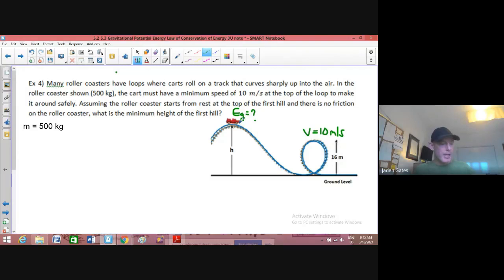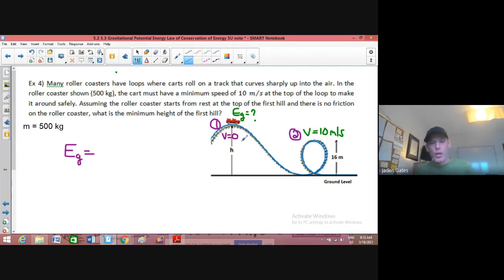Now, in this case, we're going to start off with spot number 1, and here's spot number 2. All the energy in spot number 1 is going to be gravitational potential energy, because our velocity at the top is zero, we're just at rest.